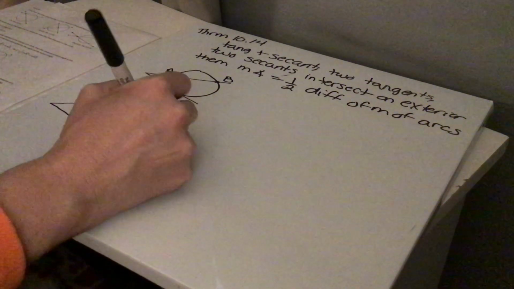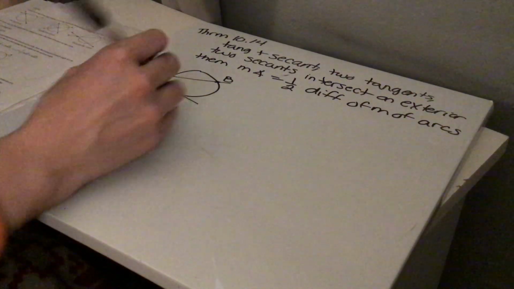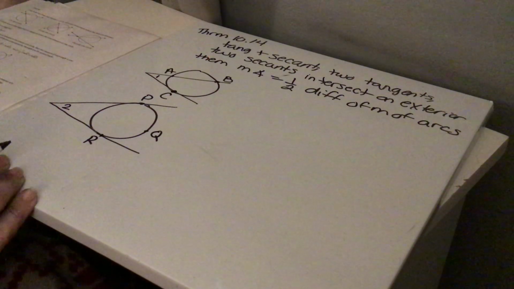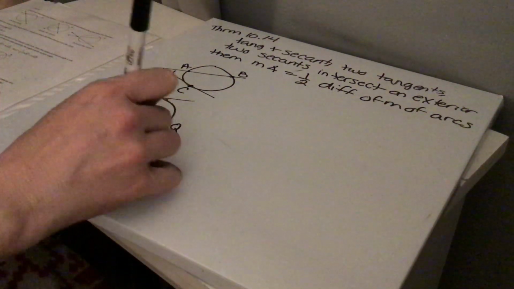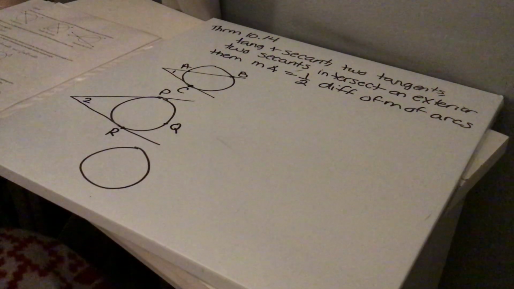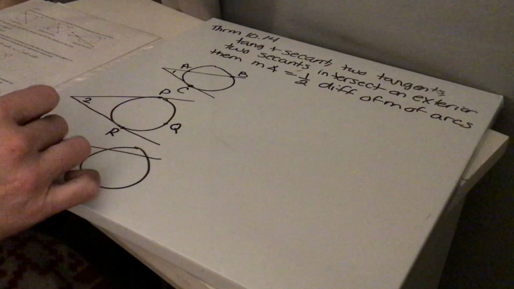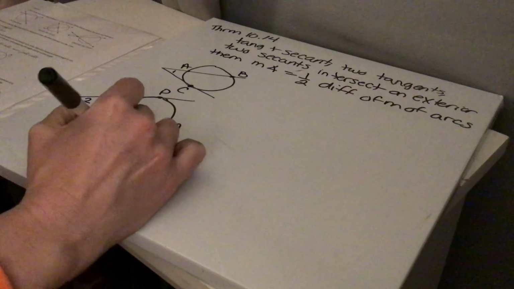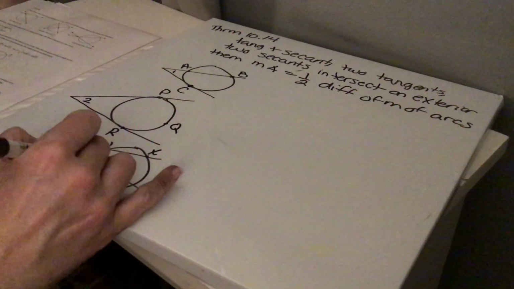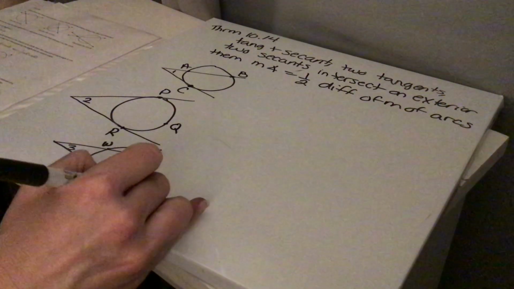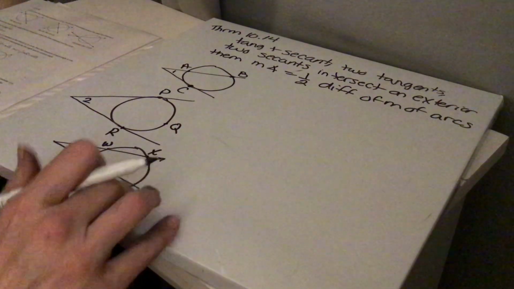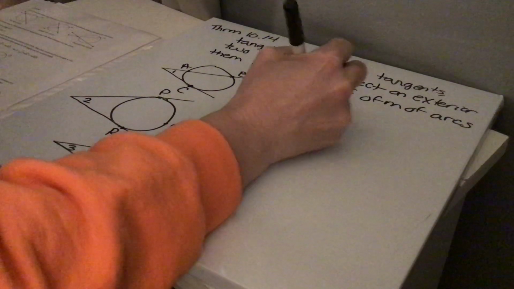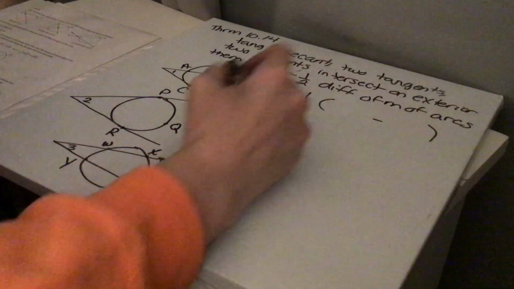We're going to put a point Q out here, and here's P and R, and our angle 2. And then the third one is two secants. So here's a secant, here's a secant. Call that angle 3. Here's W, X, Y, and Z. The angle is 1/2 the difference of the intercepted arcs.